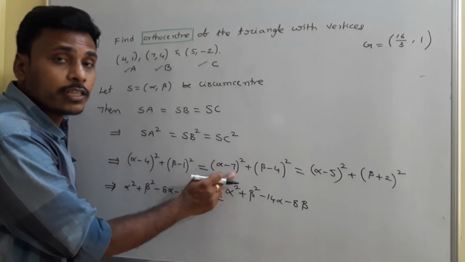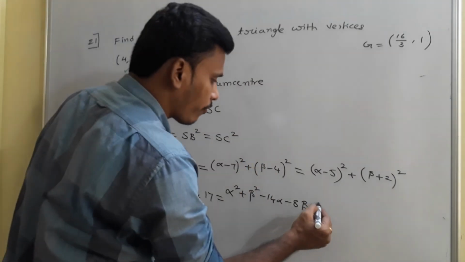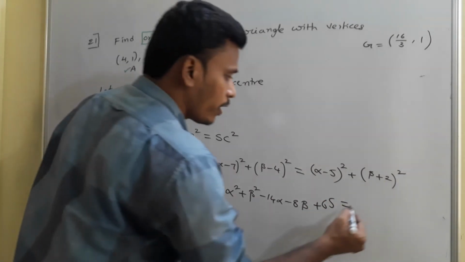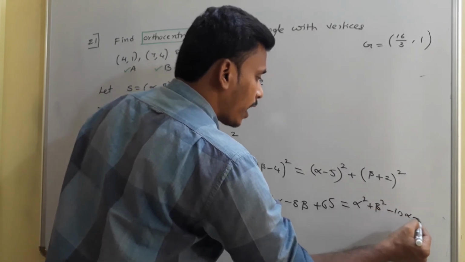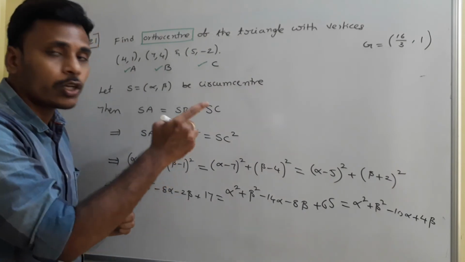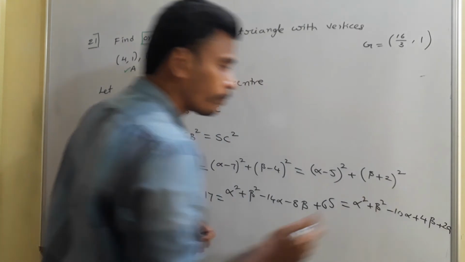And then 7 square is 49, 4 square is 16, so it will be 65. Plus 65 is equal to, again simplify it: alpha square plus beta square minus 10 alpha plus 4 beta. 5 square is 25 and 2 square is 4, 25 plus 4 is 29, plus 29.